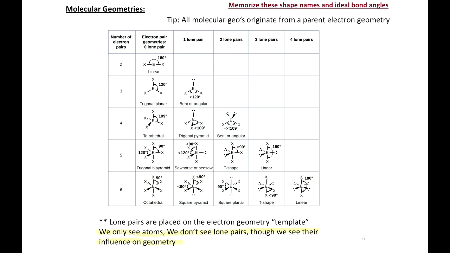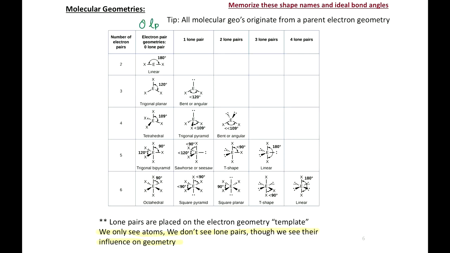So this chart shows you all of our parent geometries: linear, trigonal planar, tetrahedral, etc. For all of these molecules, all of their electron domains are bonds. So this is 0 lone pairs.